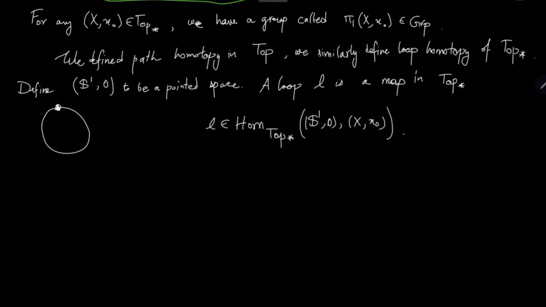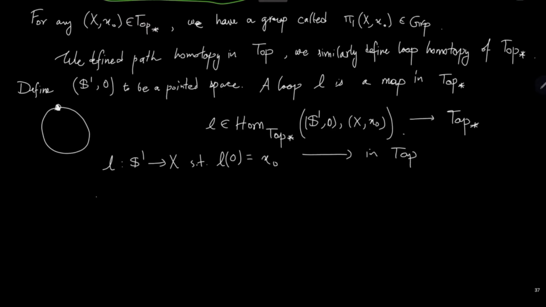Now, what does this really mean? This means loop L is a map from S1 to X such that L of 0 is x naught. Here we are talking in Top, and here in Top star. Choose what you like. Similarly, you can say that a loop is a map from I to X such that L of 0 equals L of 1 equals x naught.